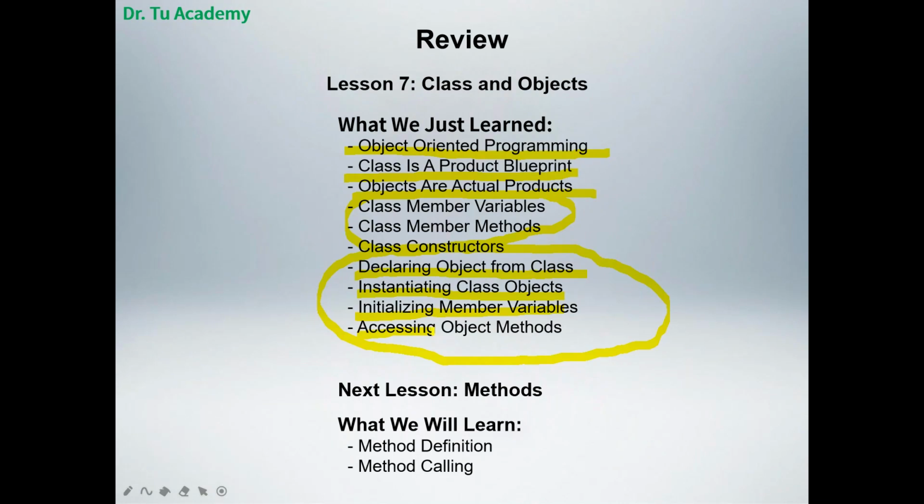And finally, we can access object methods. We will learn more about the methods in our next lesson. We will learn what is the method definition, how to define a method, and how to call a method.